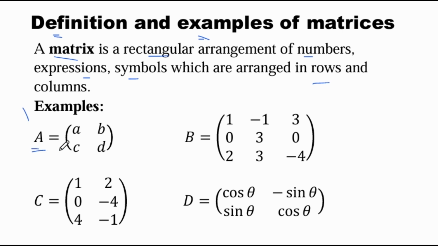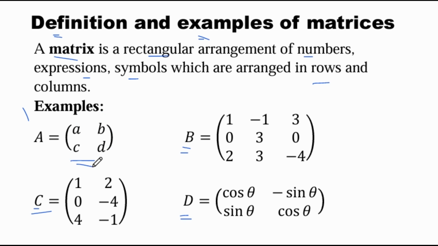There is a matrix A, matrix B, matrix C, and matrix D. In matrix A, we have A, B, C, D. These are arranged in rows and columns. This is the first row, the second row, and this is the first column, and this is the second column.